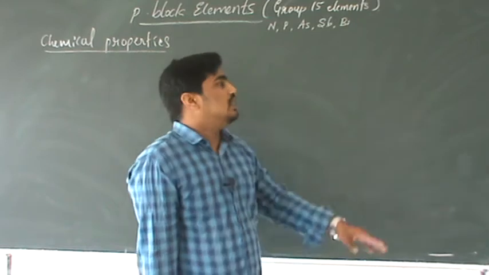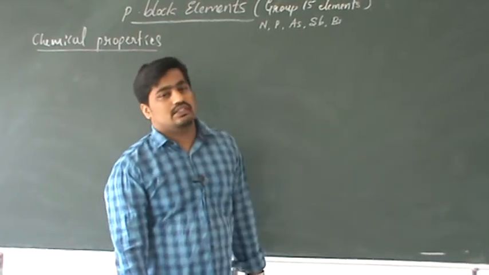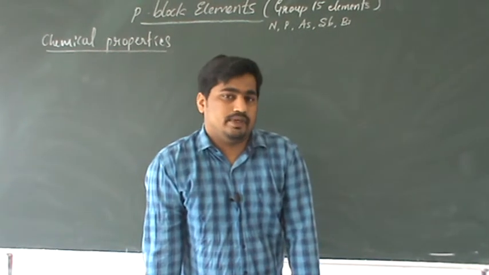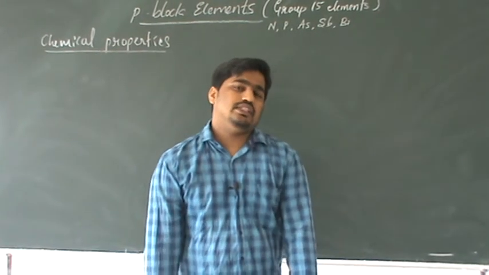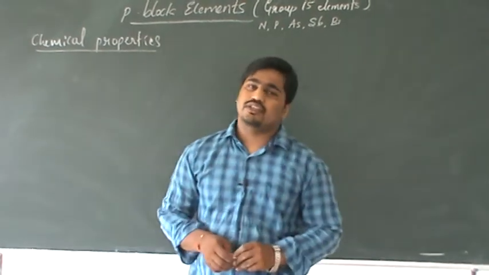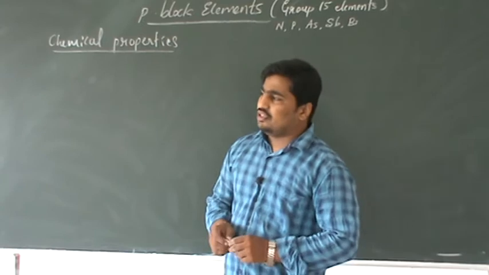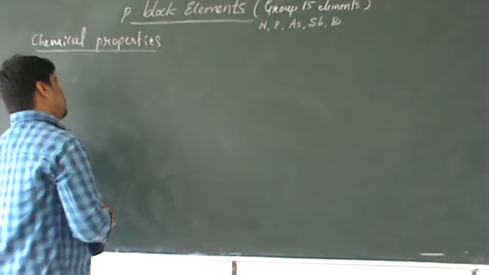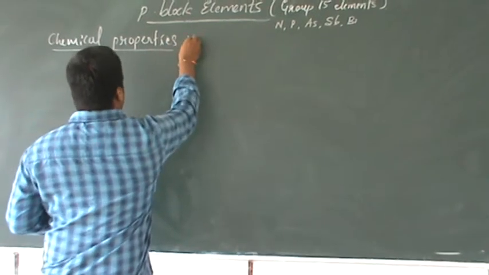Because of that, these are metalloids. Next, bismuth shows metallic property. So these are the things we discussed. Some small things of the chemical properties were also discussed, such as oxidation state.